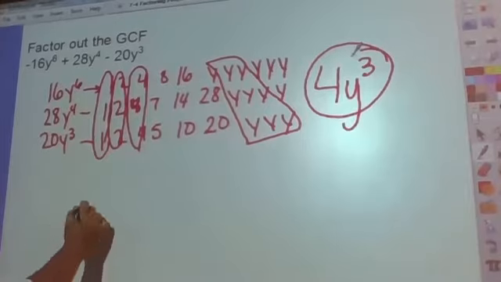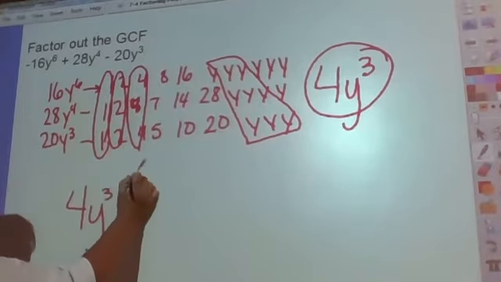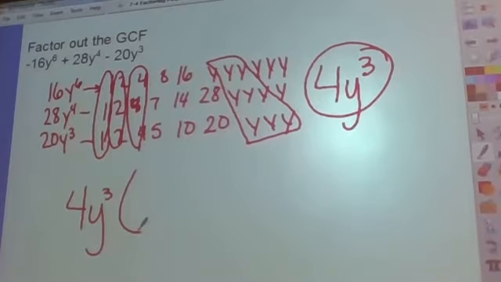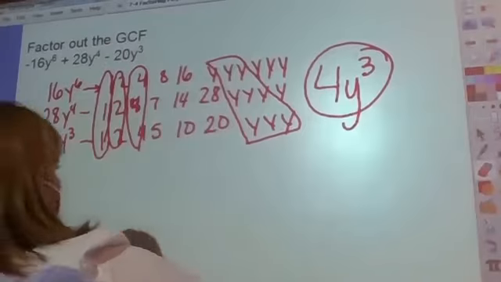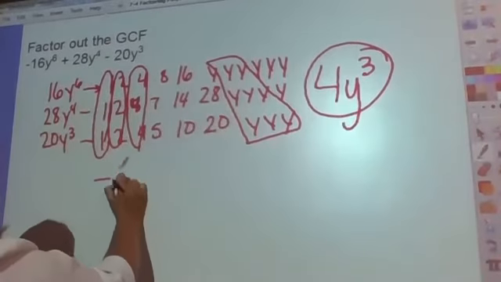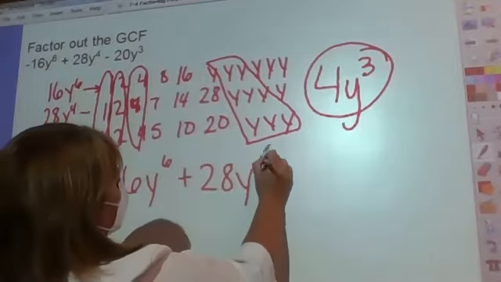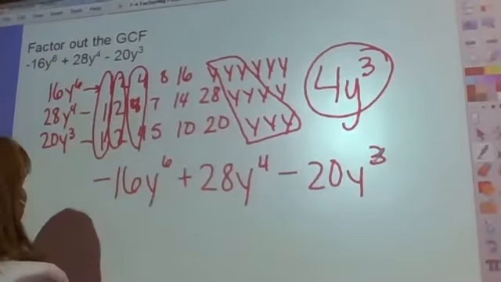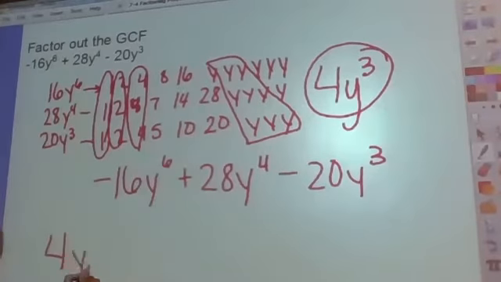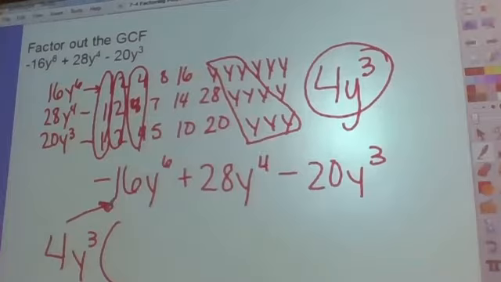Now that I have that, I pull it out. So 4y to the 3rd power. Now what's left over? Let me erase this so you can see it. The original is negative 16y to the 6th plus 28y to the 4th minus 20y to the 3rd. If I pull out a 4y to the 3rd power, 4 times what is negative 16? Negative 4.